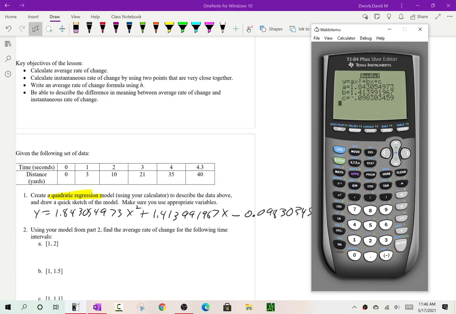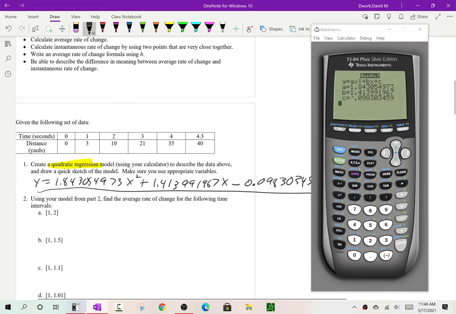Now, this is going to be a lot of fun, but here's the issue. I'm going to want to use this equation for something. I would like the calculator to be able to type in values for me, right? So the problem here is these numbers are not fun. So why don't we do one extra little thing?